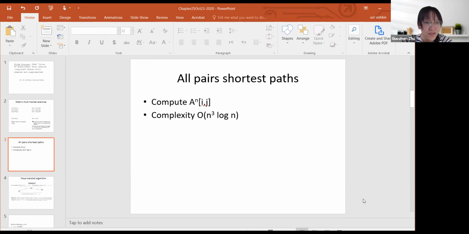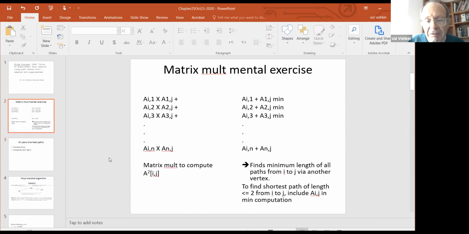Professor, can you repeat why the minimum? I'm not quite sure about the last slide, the former slide. Okay, here's the question: why, to find the shortest path of length less than 2 from i to j, do we include the A ij in the minimum computation?